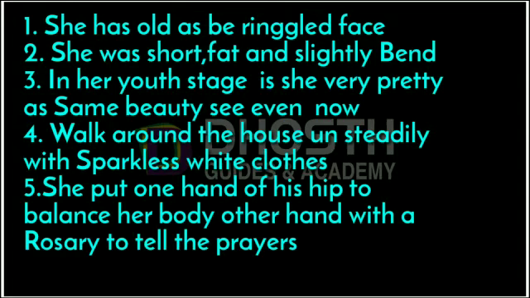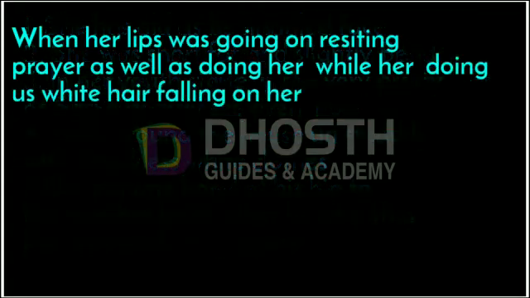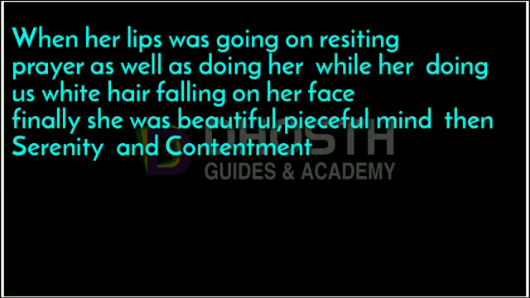Then she used to put one hand on the hip to balance her body and the other hand held the rosary to tell the prayers. Her lips were reciting the prayers while the white hair was falling on her face. Finally, she was beautiful, she was peaceful.